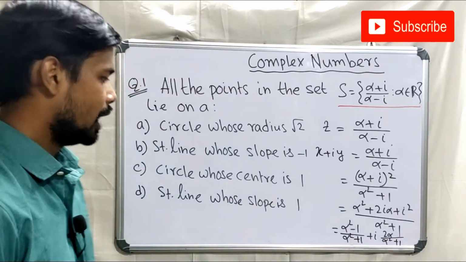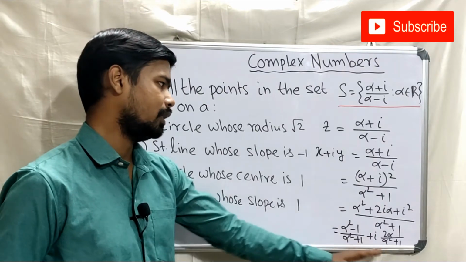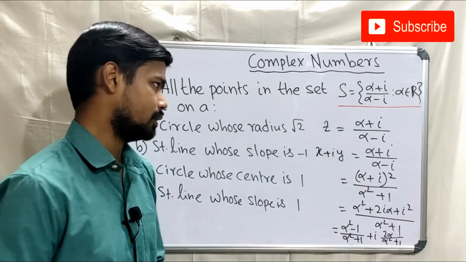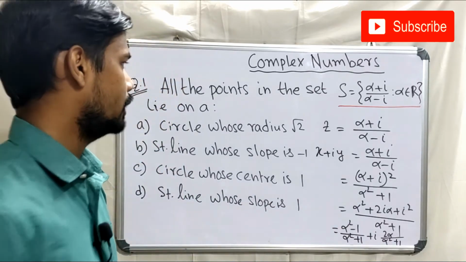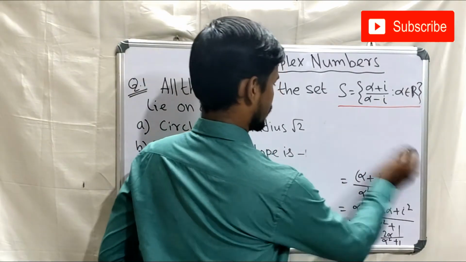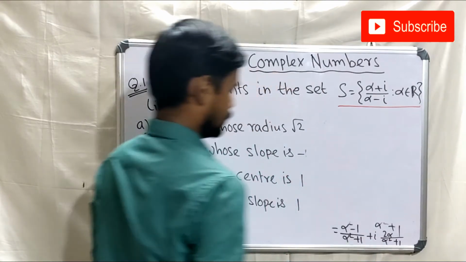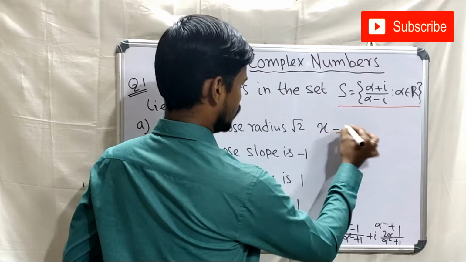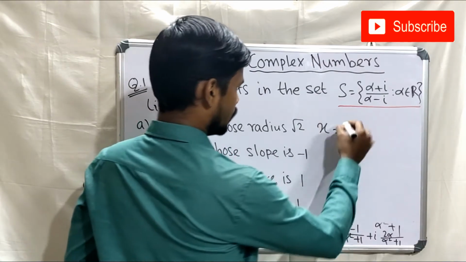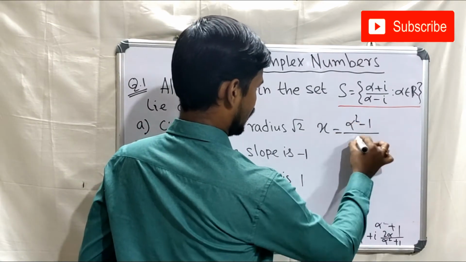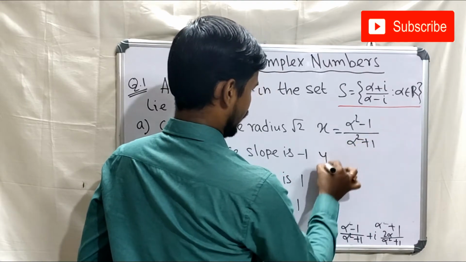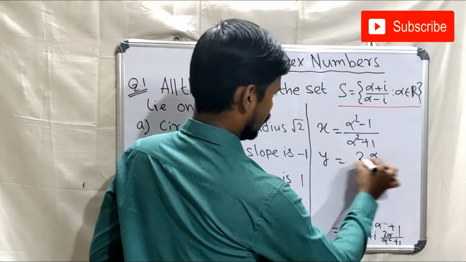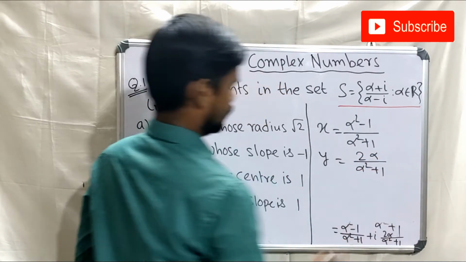So we have written it in the form of a plus ib. Now comparing the real parts and imaginary parts on both sides, we have x equals (alpha square minus 1) by (alpha square plus 1) and y equals 2 alpha by (alpha square plus 1).